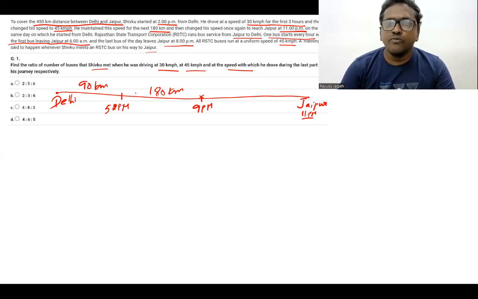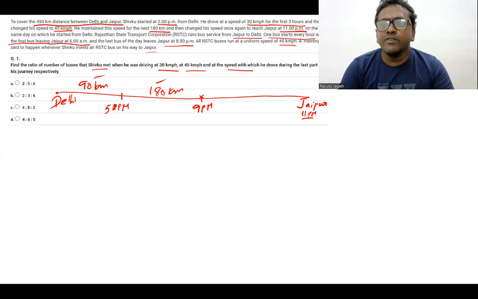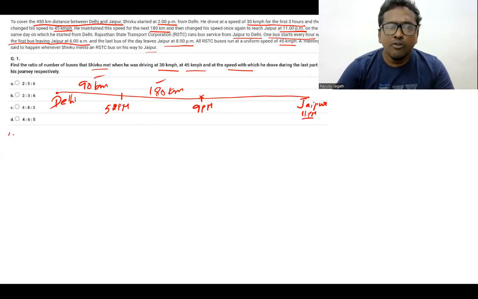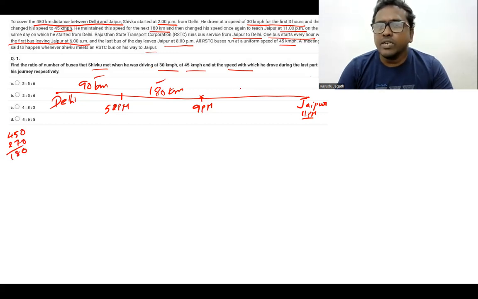So 180 plus 90 is equal to 270. Total distance being 450, 450 minus 270 is nothing but 180. 180 kilometers is covered in 2 hours.